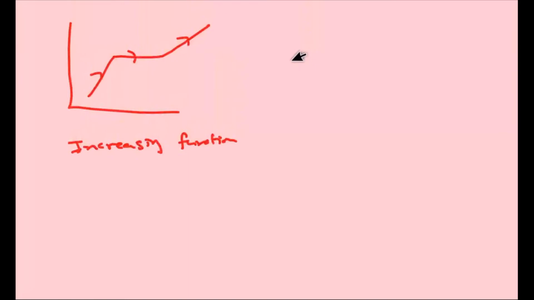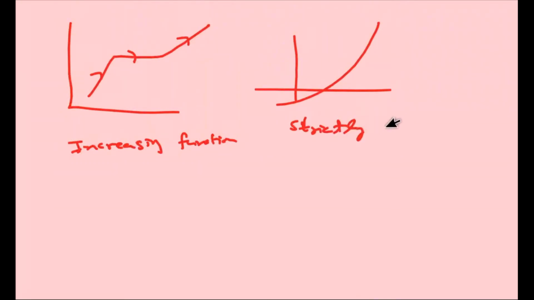But in this graph, for all values of x, there is no value where it will be equal, so we can say it is a strictly increasing function.